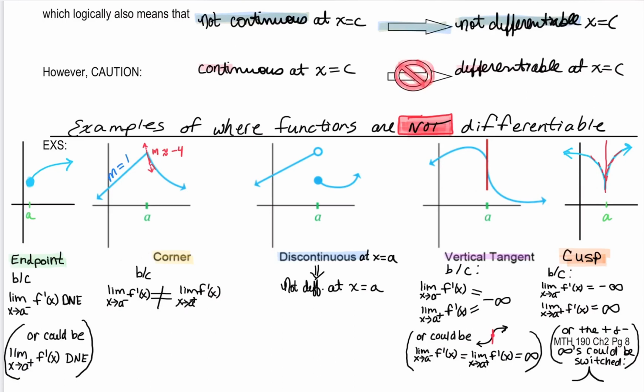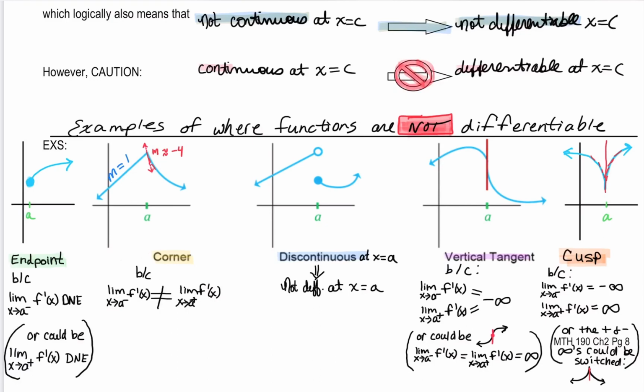In that situation, the one from the left would have been going to positive infinity and the one from the right would have been going to negative infinity. But in either case, the two one-sided limits here are going to different infinities.